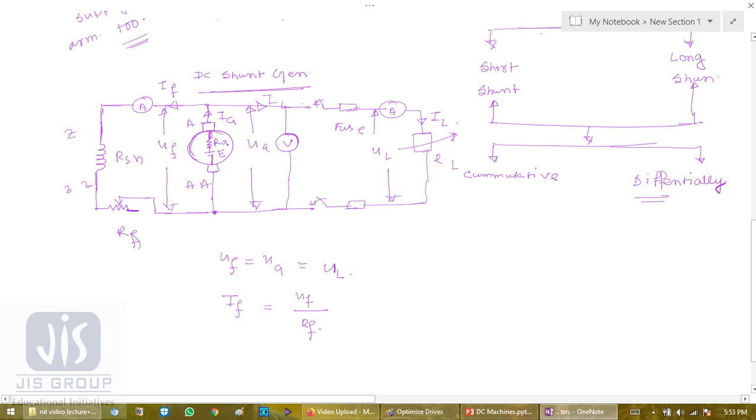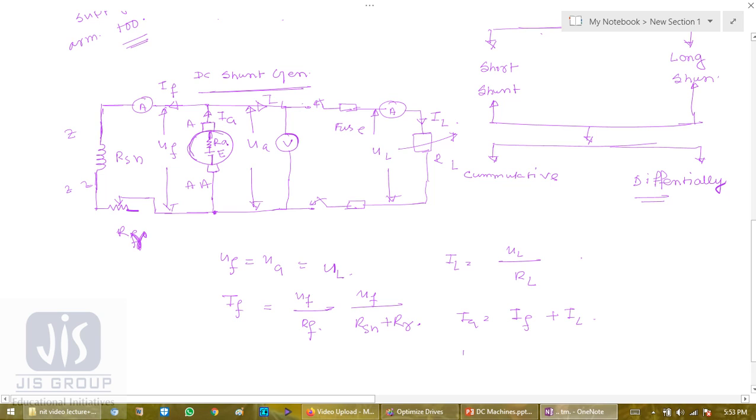Let me assume this one as RR, external resistance. So what is my RF? RF is R shunt plus RR. What is my IL? Voltage is UL, resistance is RL. What is my IA? It is a combination of IF plus IL.